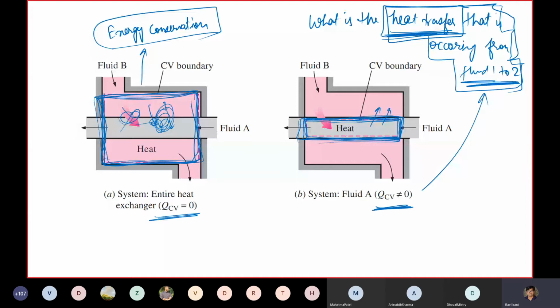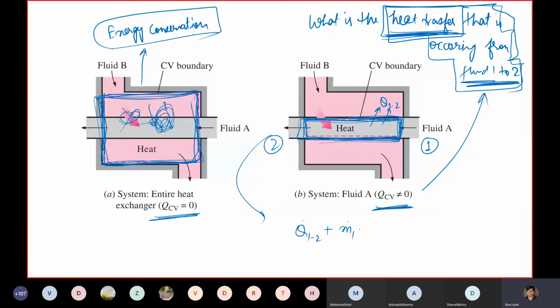How? Yes, it is again pretty straightforward. Let's suppose this is my 1, this is my 2, and I need to find the heat transfer that was occurring from 1 to 2. I can apply my energy equation on this particular control volume. So I can write: the heat transfer Q1 to 2, plus M1 H1 coming in, and M2 H2 going out.